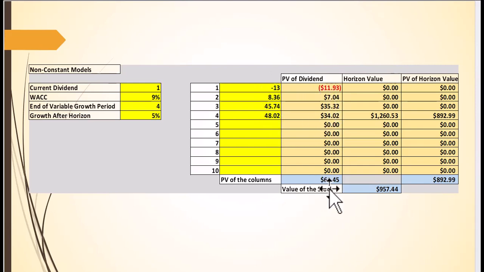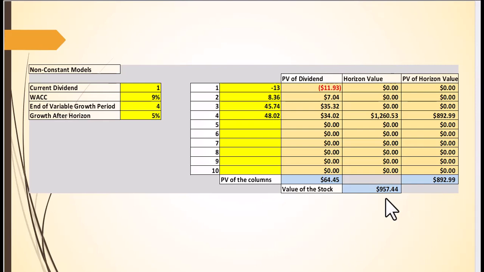There's our $64 present value of the future cash flows. Here's the horizon value. And again, here is that 892, the present value of the horizon value. The value of this stock, as we just said, is around $958.